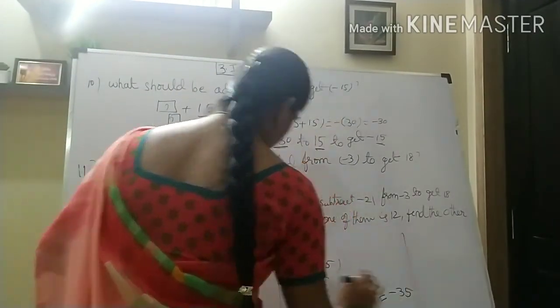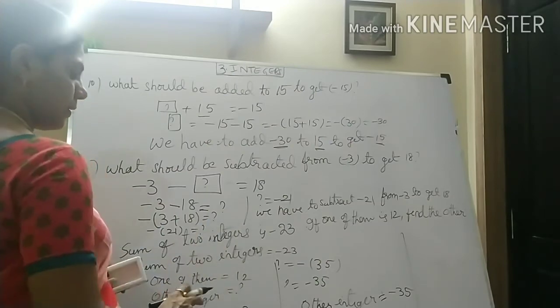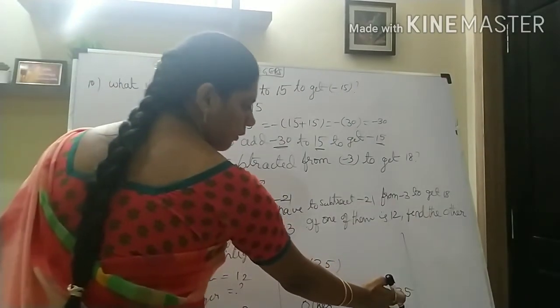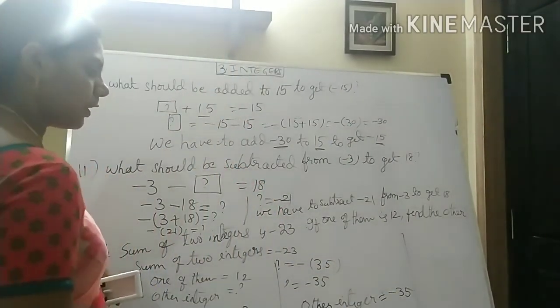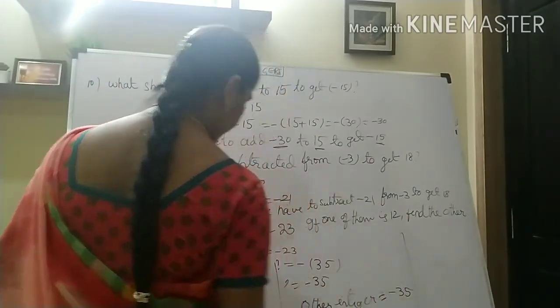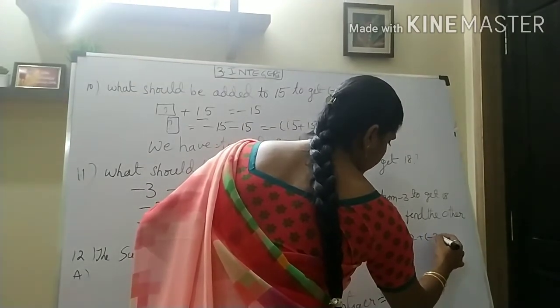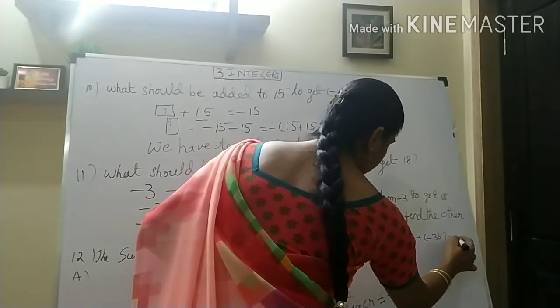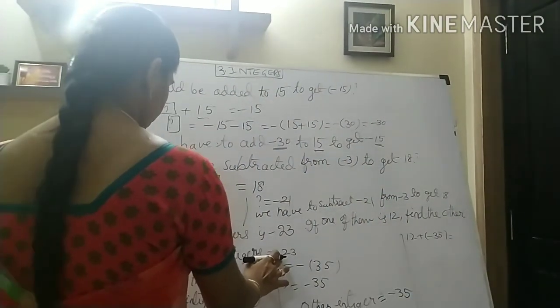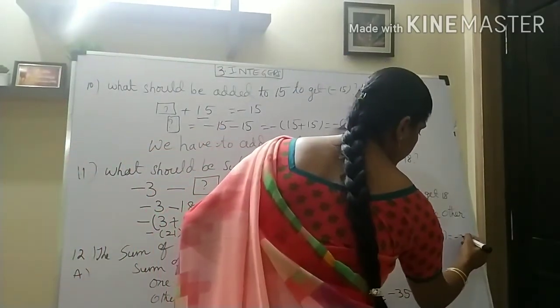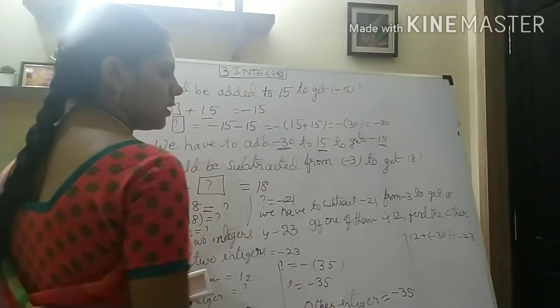See, sum of two integers. One is 12, and what we have calculated here, the other integer is minus 35. So 12 plus the other one, minus 35. By doing this one, we have to get minus 23. Now again check this one.